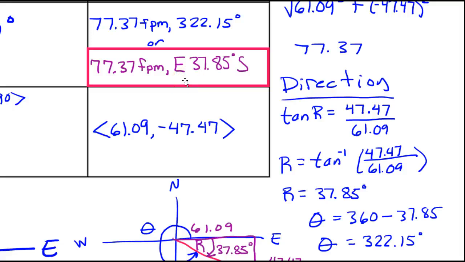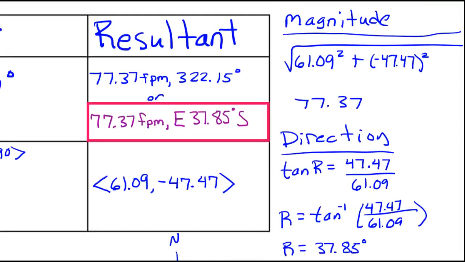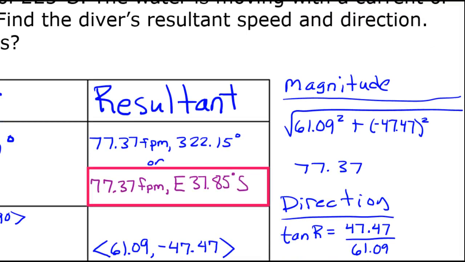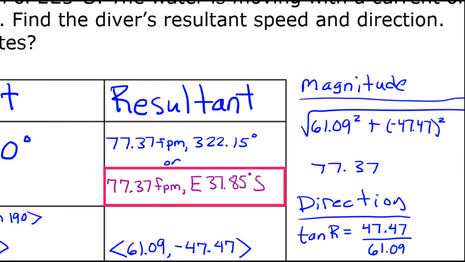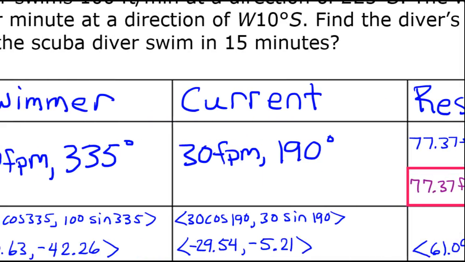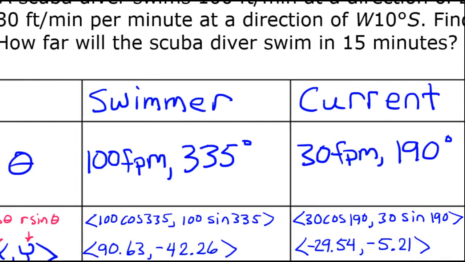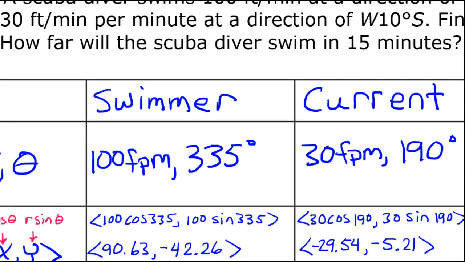So I seem to recall they asked an extra question at the end of the problem. So let's look back and see, and let's remember what the extra little question they asked at the end was. So we found the resultant speed and direction. That's great. But then they also asked, how far will the scuba diver swim in 15 minutes?